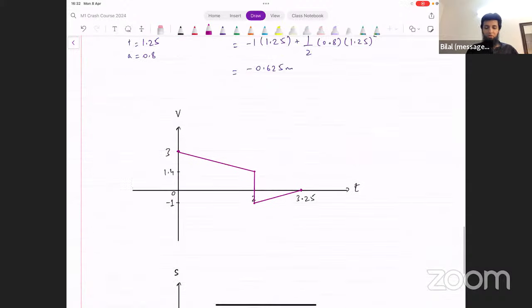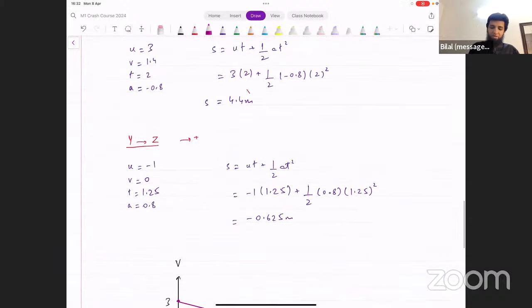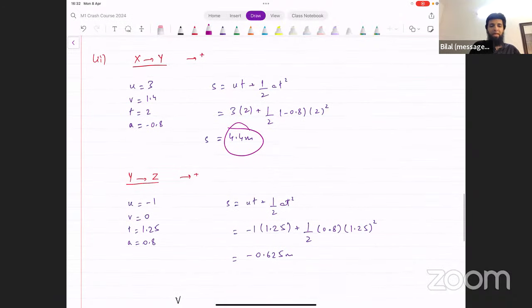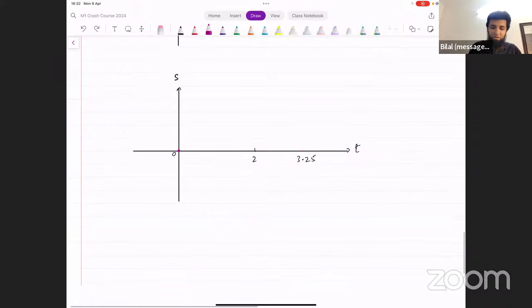At time t equals 2, we are given that the displacement is 4.4. From x to y, the total distance is 4.4. So in the first 2 seconds, it travels 4.4 meters. Let's say 4.4 is somewhere here. This is 2. This is 4. So 4.4 maybe somewhere around here. So from 0, it has to go to this point.